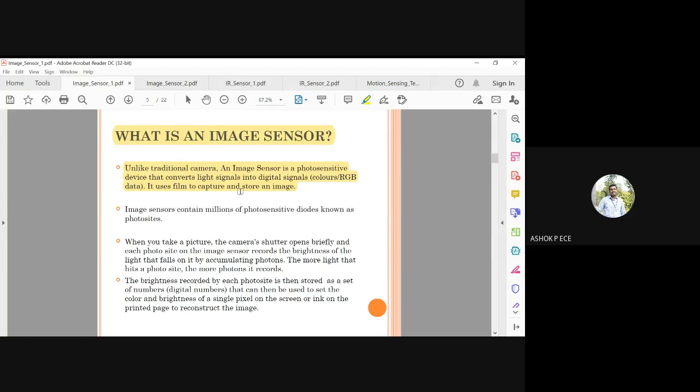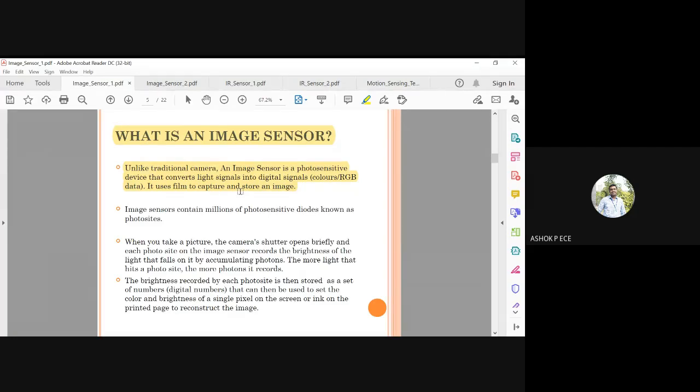Light contains various colors, predominantly the three colors RGB. So I'm going to convert that RGB into fixed values called digital signals. It is used to capture and store an image. It can capture the image in the form of light and store it in the form of digital signals. Digital signals means some discrete values.